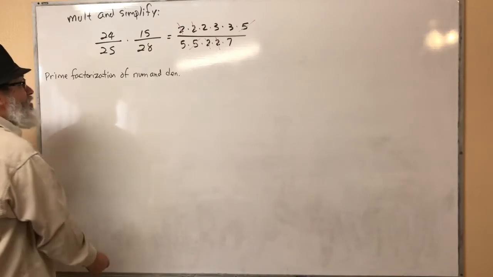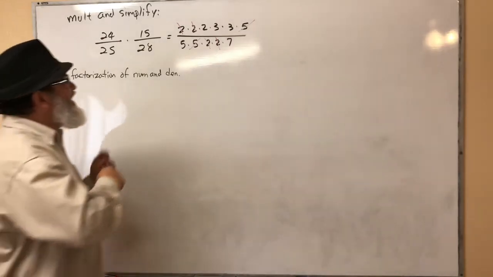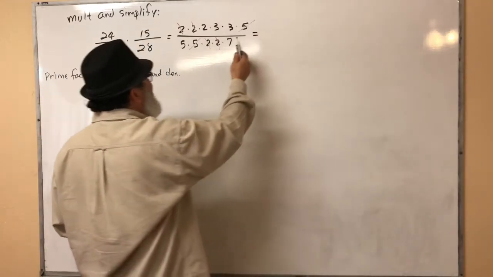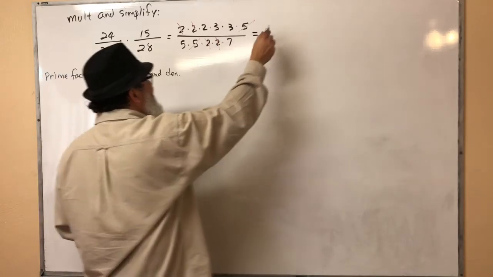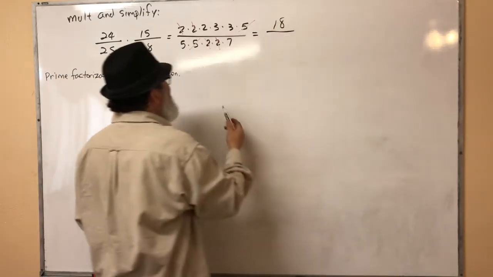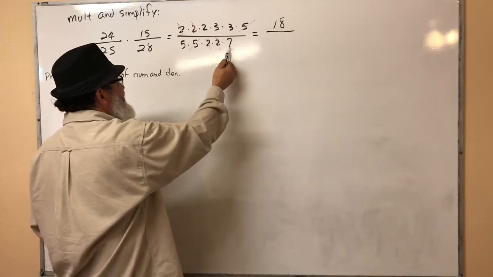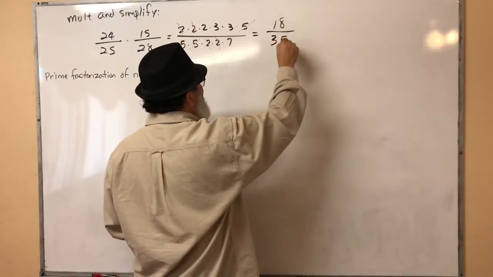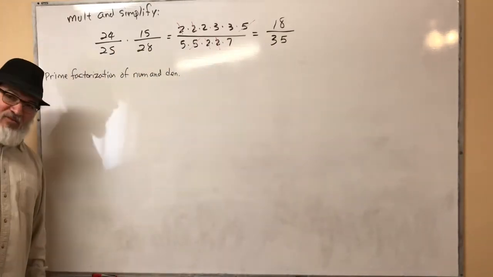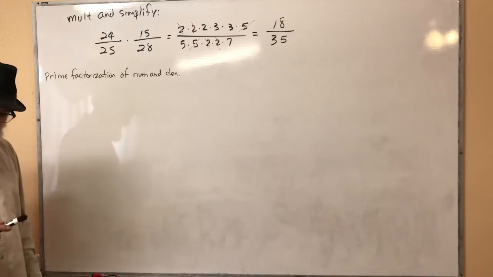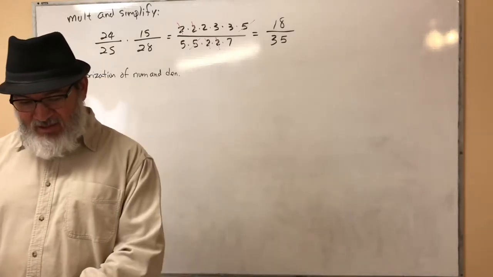I think that's it. And so now, the numerator is what? 2 times 9, 18. And the denominator is what? 5 times 7, which is 35. There you go. I know that's the long way, but there's a reason why. And here's the reason. Watch this.